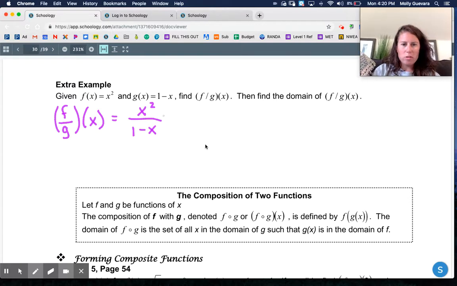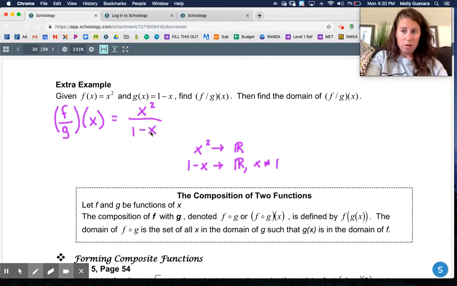Now, the domain, okay, so I need to find the domain of x squared, which hopefully we know is all real numbers. I also have to find the domain of 1 minus x, which again is all real numbers. However, because it's on the bottom of a fraction, I can't have 0, so x cannot be 1 because the value of 1 would get me 0.